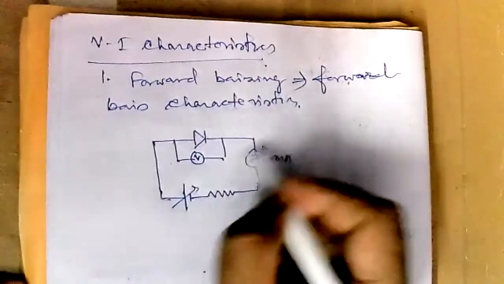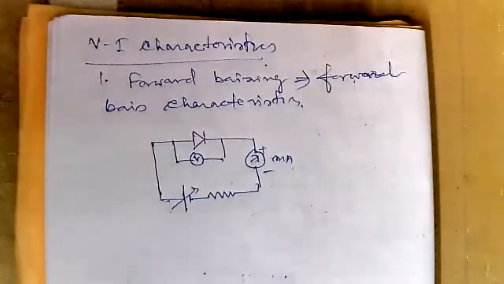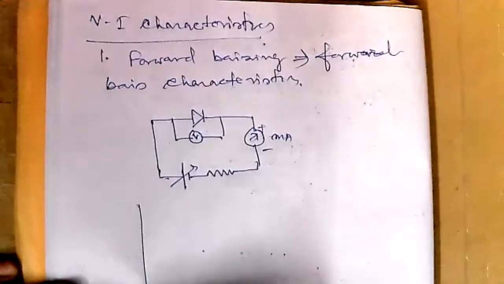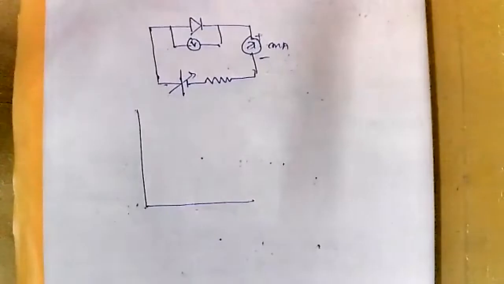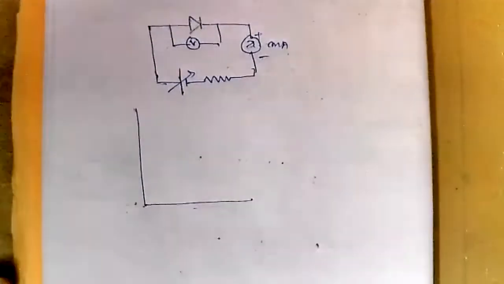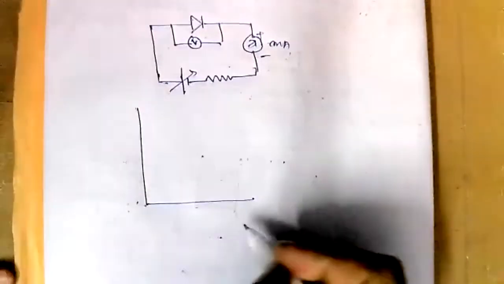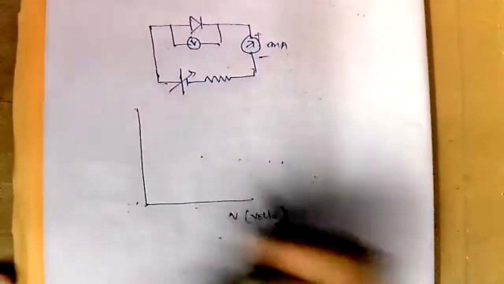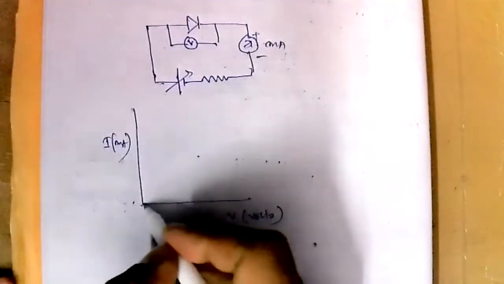And we will measure the current through this milliammeter and the voltage across the diode with this voltmeter. Initially there will be no current. Why? Because to have some current across the junction, your voltage should be more than the barrier potential. So here V in volts and current in milliampere. It looks like this.